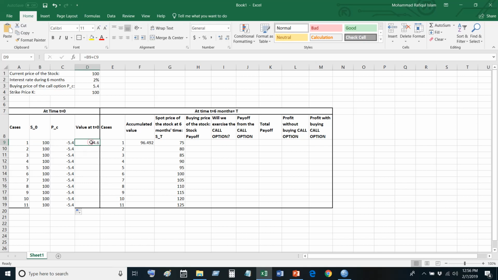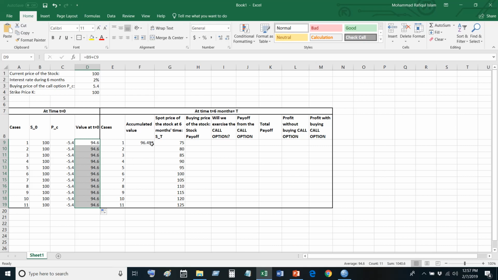Okay, so what is the value at time t equals 0? We have $100 positive and $5.4 negative, so the total value at time t equals 0 is $94.6. Now we're going to consider 11 different cases at time t equals 6.